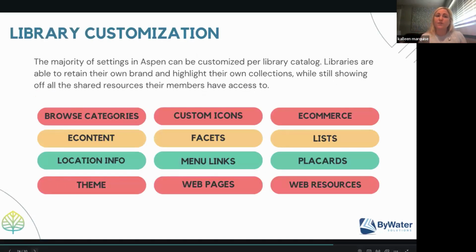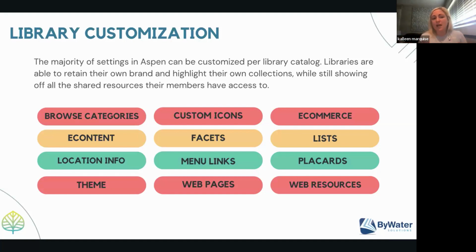When we look at some of those configuration and scoping options, the majority of settings within Aspen can be configured between each library system. So as much customization as you want to do across those different library system catalogs can be done. So here's an overview of which things are available, but we've seen some of these examples already.